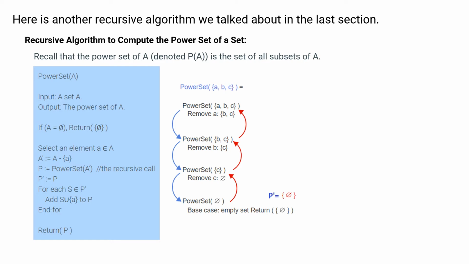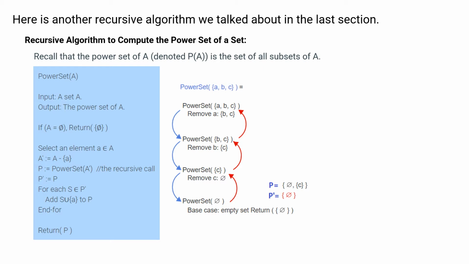Now, on the tail end of this, whatever gets returned, we're going to call that P prime. What it told us to do was that, whatever got returned in the previous iteration, we'll call that P prime.